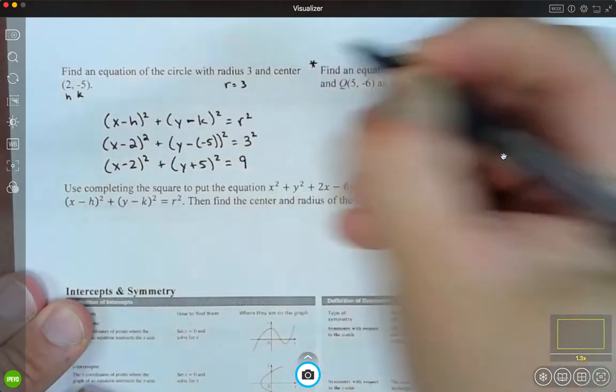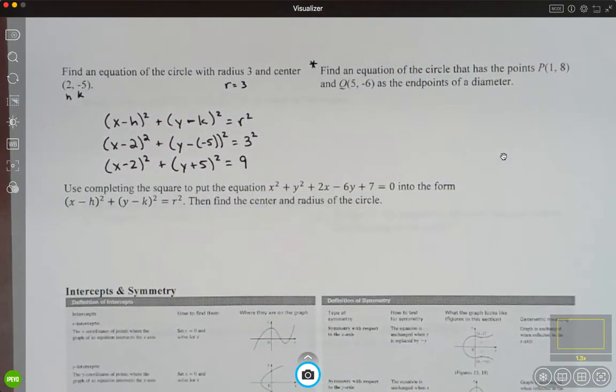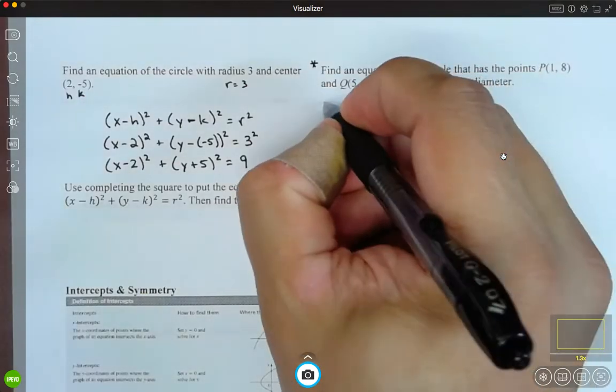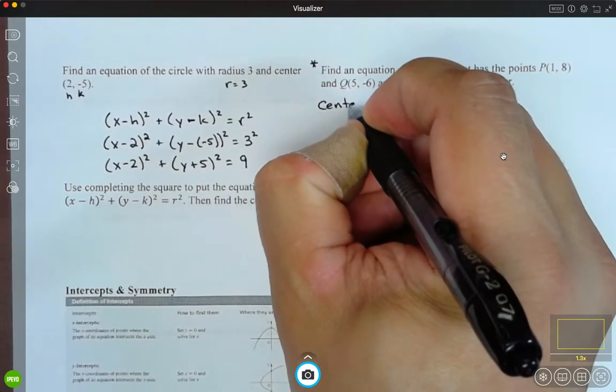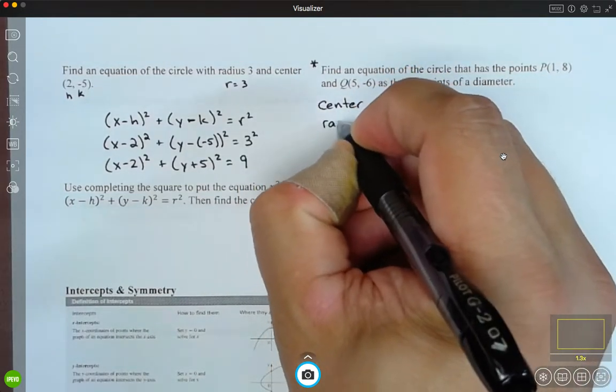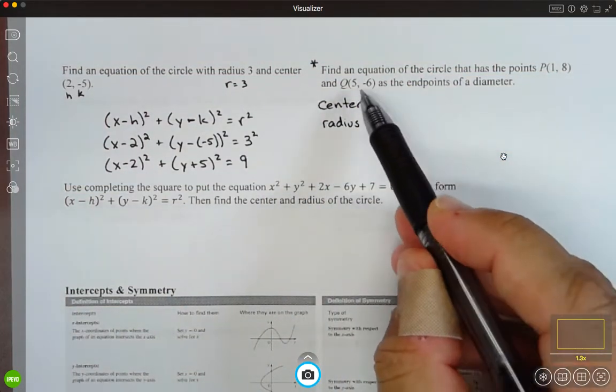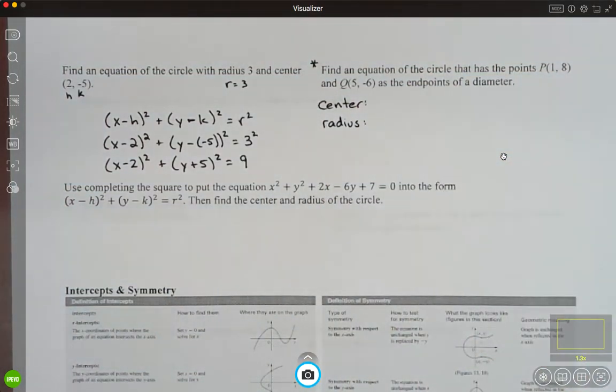Now this one here is a little challenging. This one takes a little bit more work. So we say the equation of the circle is the points 1, 8, and 5, negative 6 are endpoints of the diameter. So we need to find the center, and we need to know what the radius is. Well, the center is going to be the midpoint between these 2 points.